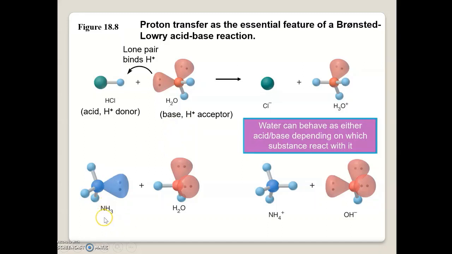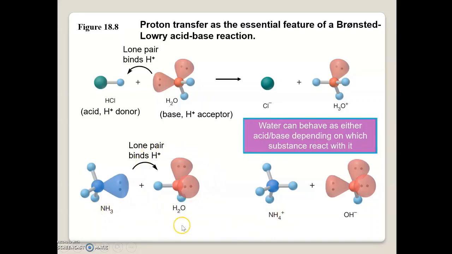Another example: when we have a reaction between ammonia and H2O, it produces ammonium ion and hydroxide ion. If you look at this, ammonia turns to ammonium. What happened to the ammonia until it turns to ammonium?